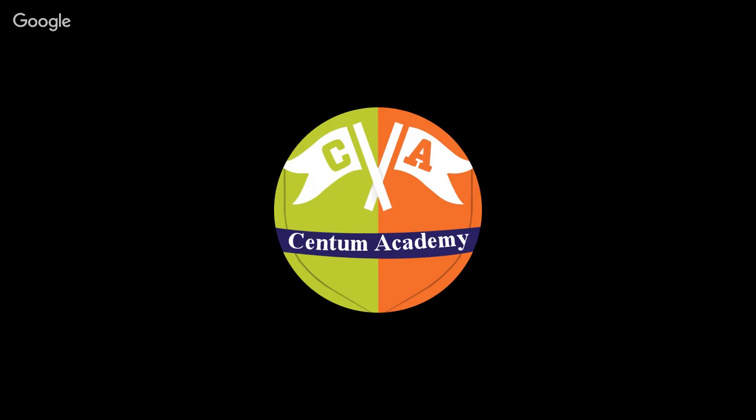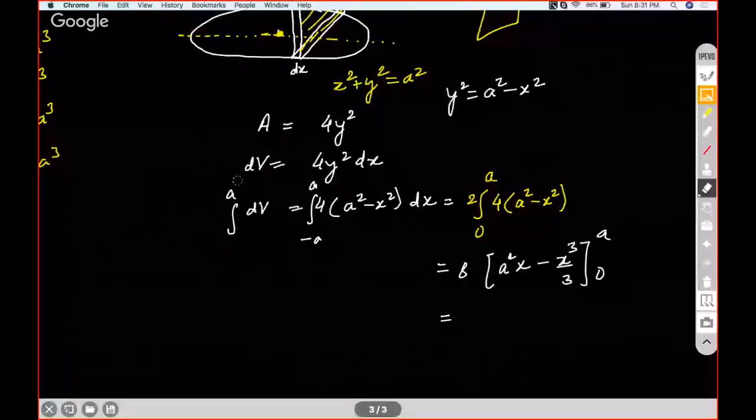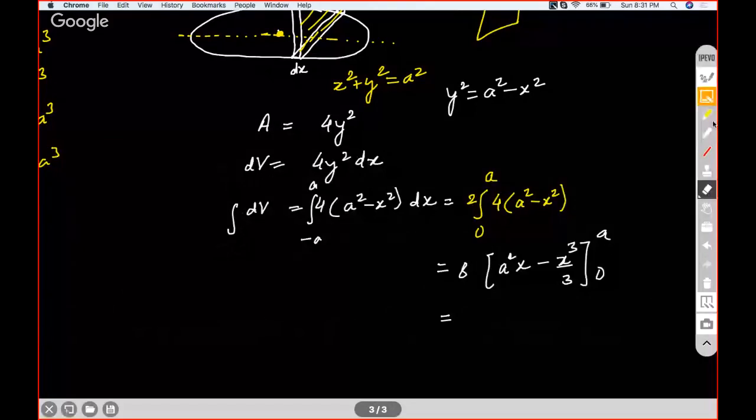For dv, why did you put the limits as minus a to a for that? Because x square plus y square. No, but for dv, I get it for the other side, but why for dv have you put minus a to a? Okay, so you don't have to put it over here actually, because you know the volume will become 0 here.